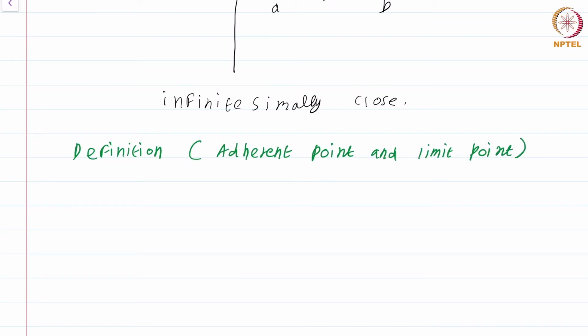This is going to capture the meaning of a point being infinitesimally close to a set. And the limit point is a more refined notion of adherent point, which is very well studied and used in analysis. So the definition is as follows. Let A, a subset of R, be a set.